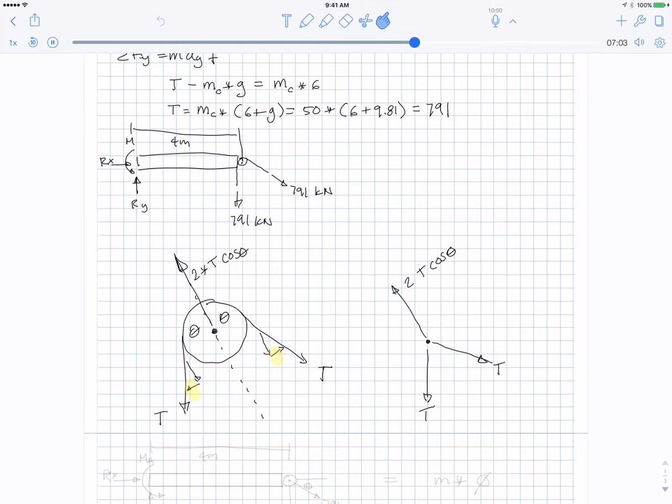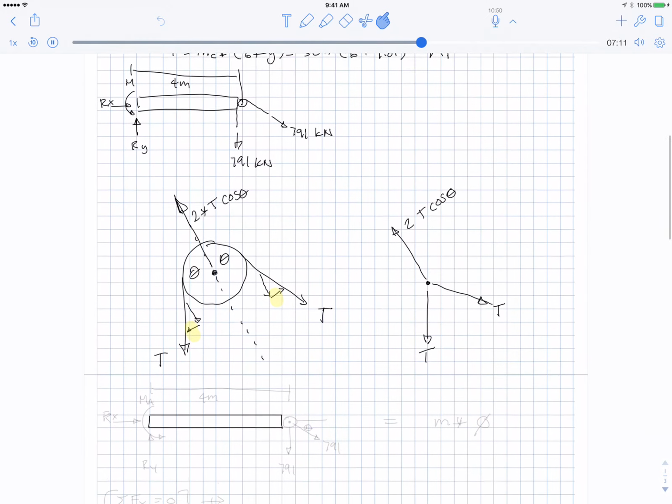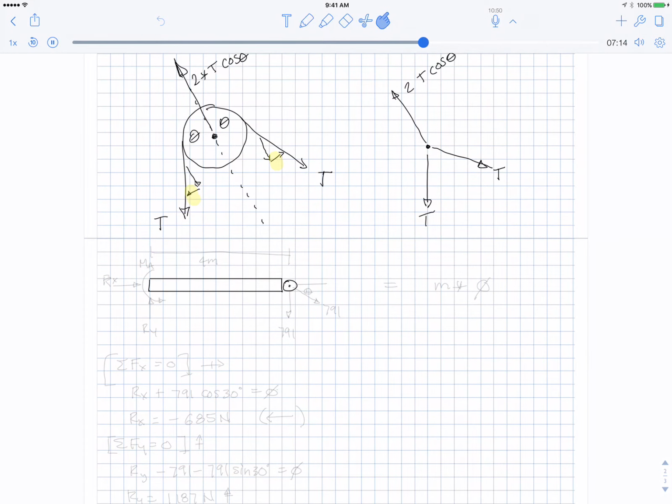So what we can do is this. Let me redraw the problem. Try to draw it a little nicer. We can redraw it with the 791, as if it was going right through the middle of the pulley.